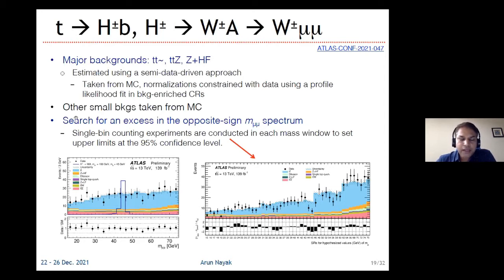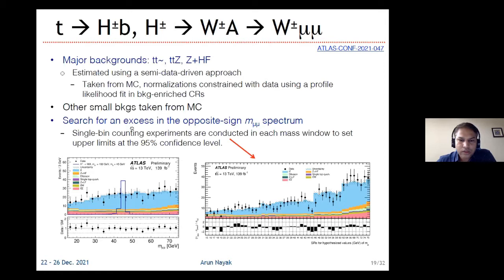In this case, the search is performed for an excess in the opposite sign dimuon mass spectrum. You see the dimuon mass distribution here, and then you do a counting experiment for each mass point, considering a fixed bin size.